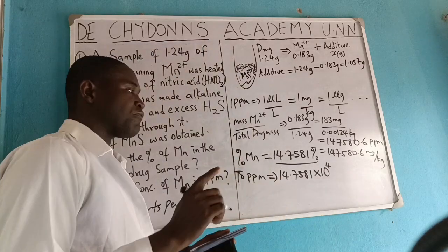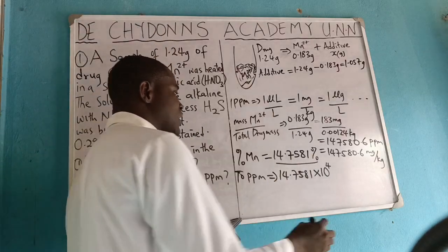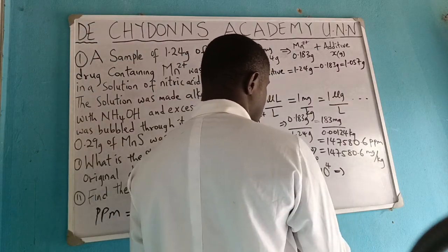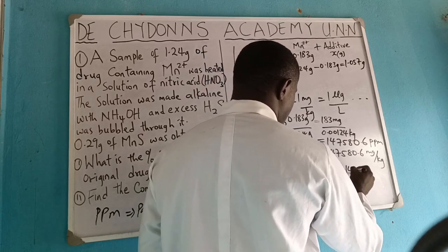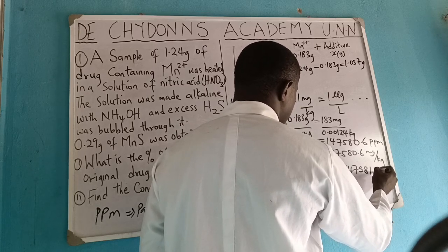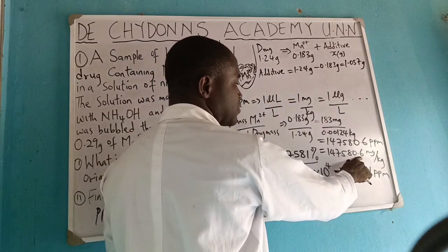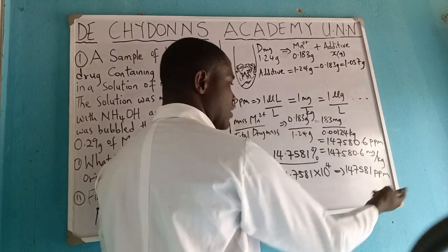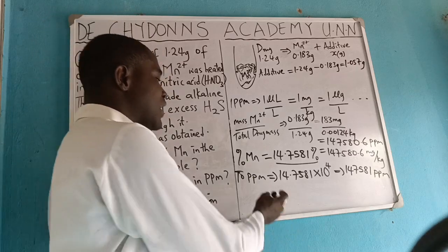That 10 raised to the power of 4 is constant. That will be giving you 1, 2, 3, 4, 147581 ppm, and if you approximate it, it will also be 81. So that is in ppm. So this is how to get it in ppm.